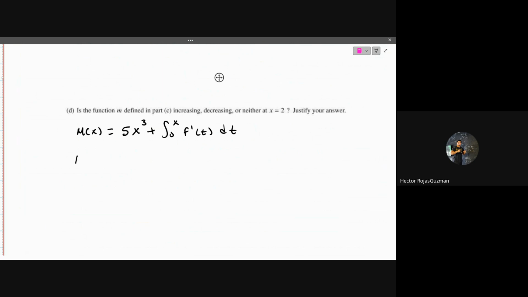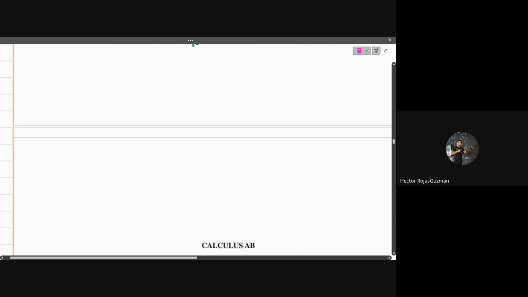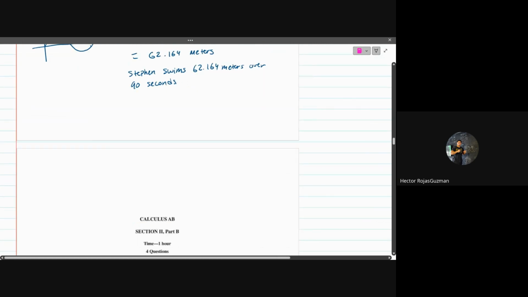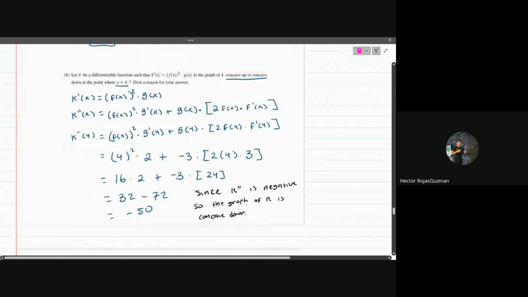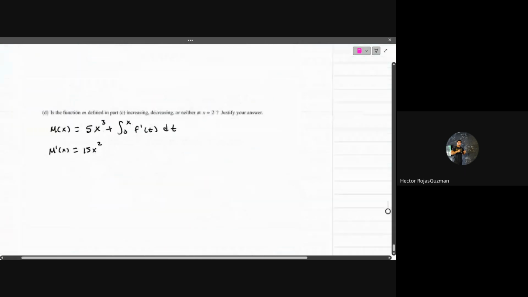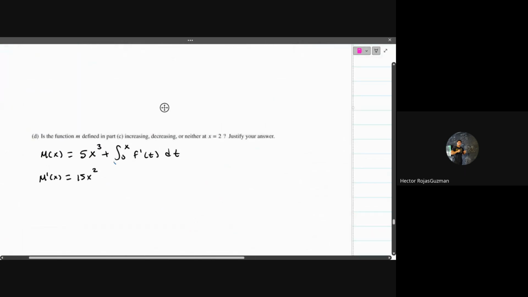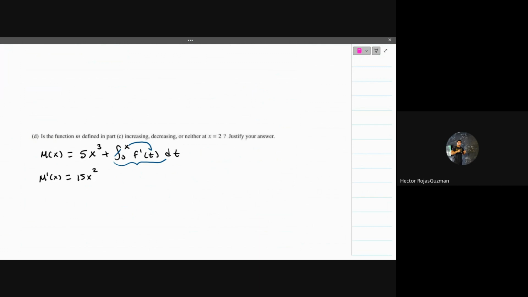So m prime of x is equal to 15x squared. Okay, be careful right here because this is a part of that, although it's simple, we kind of missed it a lot in the last quiz that we took. Okay, the derivative of the integral, remember, it basically just cancels out the integral, but the x gets plugged in.